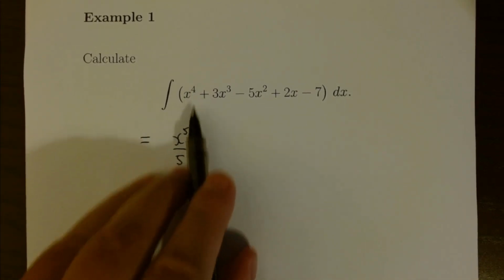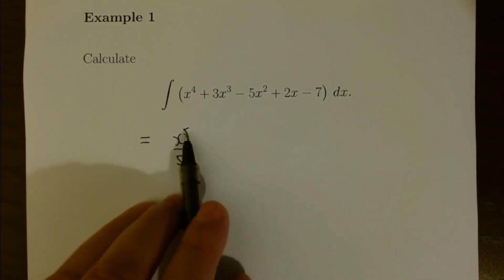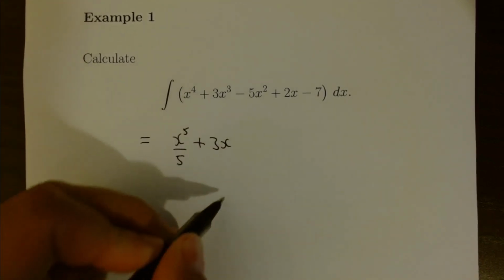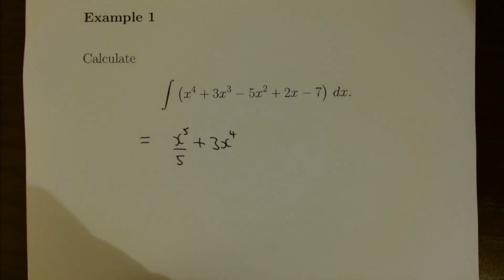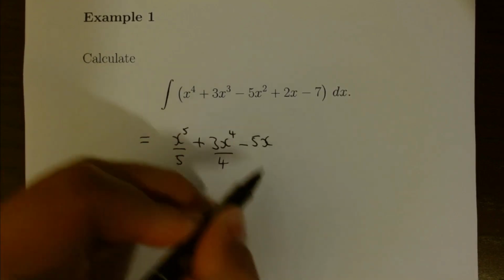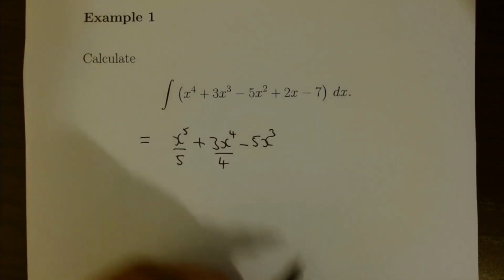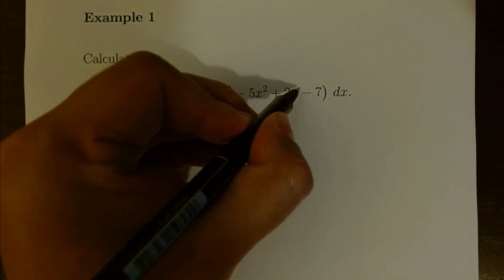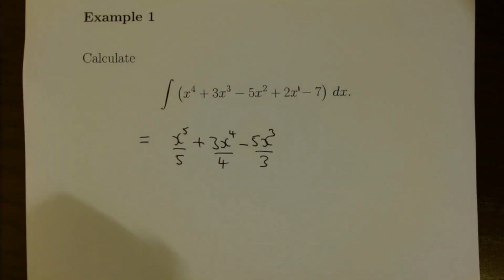So here we've added 1 to the power and divided by the power, plus 3x, add 1 to the power to give you 4, and divide by the new power, minus 5x, and we add 1 to the power, divide by that, and we can put the 1 here just to help us.